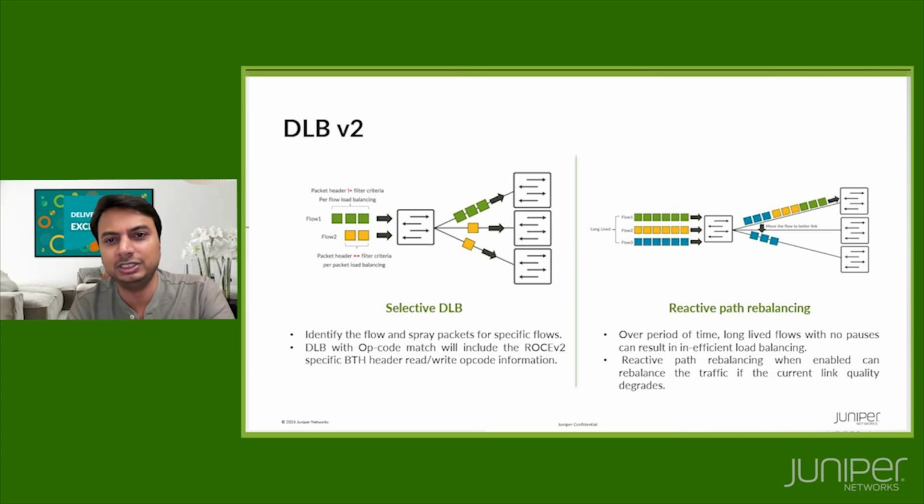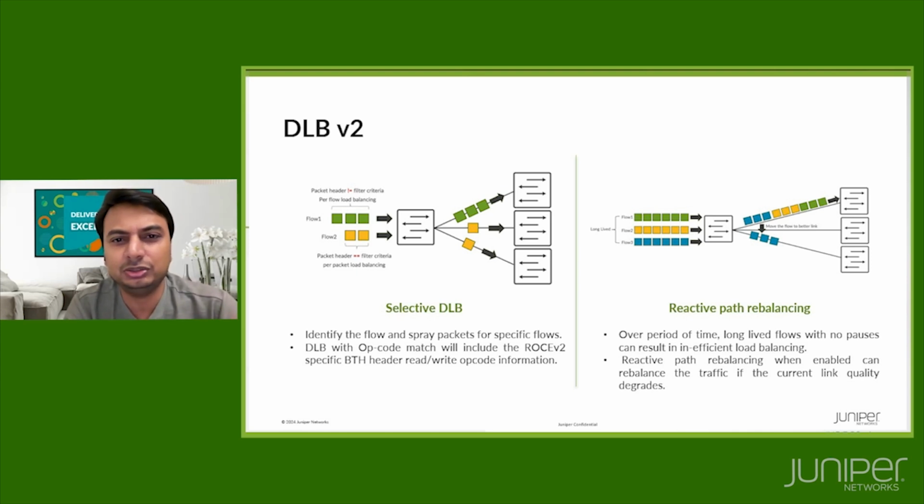So this feature keeps monitoring the flow as well as the quality of the link the flow is going through. If the link quality is not good, it tries to find a new link and assigns this particular flow to that link. So in a way, it will do the rebalancing even without any inactivity timer. This is going to be very helpful with long-lived flows in particular.